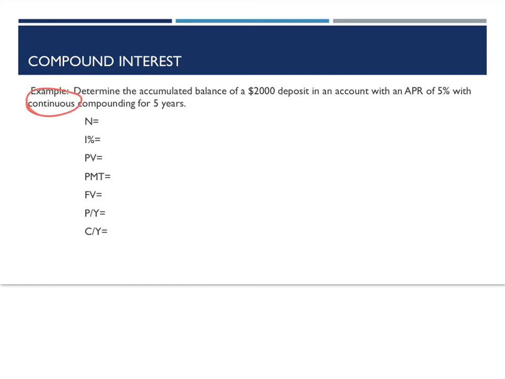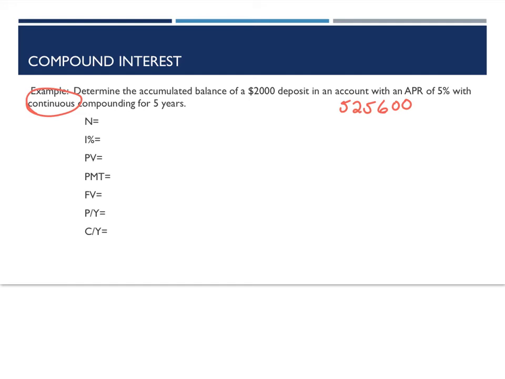Continuous compounding. Continuous means all the time. We don't have a number for all the time, but we need to know how many times continuous is in 1 year.